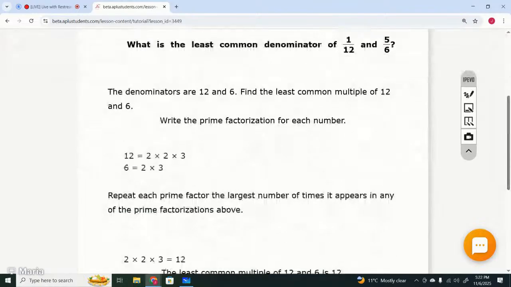What is the least common denominator of 1 by 12 and 5 by 6? So the denominators are 6 and 12, right? We need to find the least common denominator of 6 and 12.